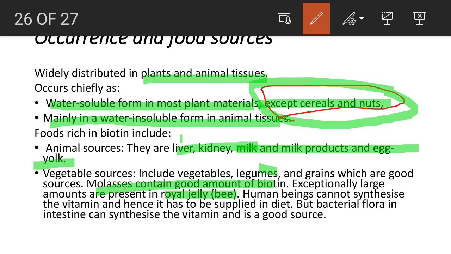Human beings cannot synthesize the vitamin and it has to be supplied in the diet. But bacterial flora in the intestine can synthesize the vitamin and is therefore a good source. They produce some of the vitamin, but not as much as the body requires, hence we need to supply sufficient vitamin to meet our daily requirements.